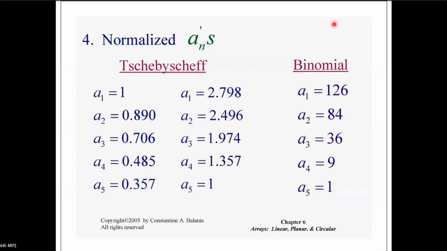Find Z naught. Yes, sir. How much? 7.15.